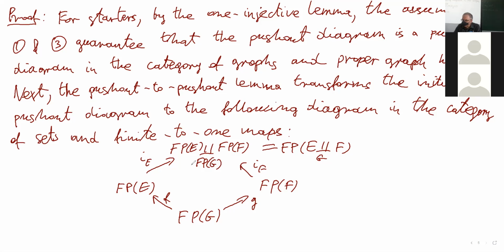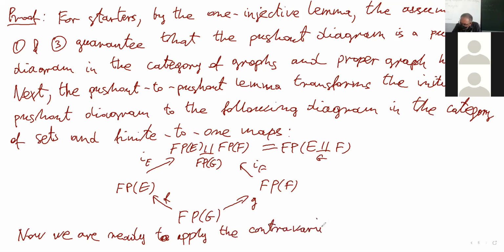Okay, and so now we are ready to apply the contravariant functor map F into K. And here things differ.